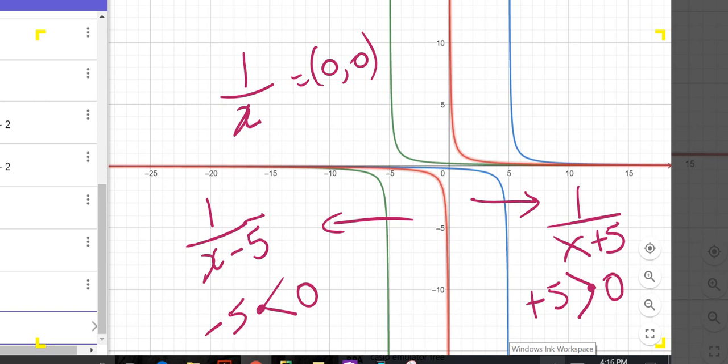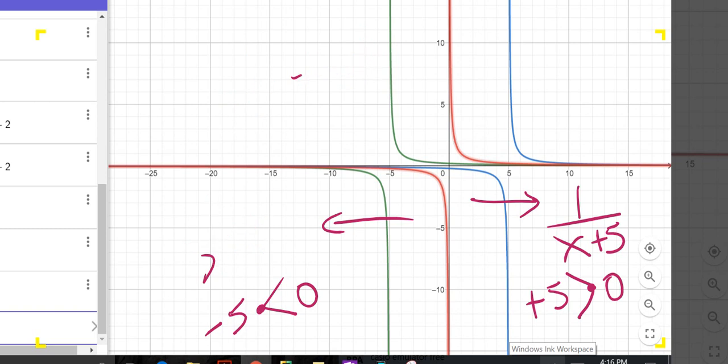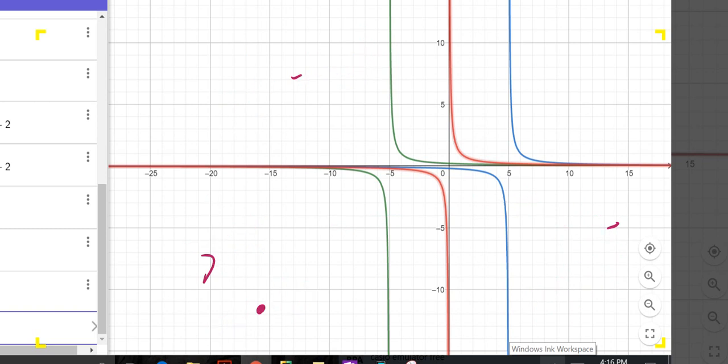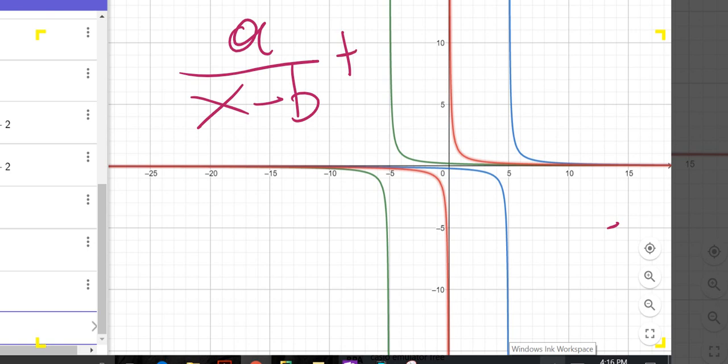I'm repeating. We have the general formula. The general formula is A over x minus b plus k. This gives me my vertical asymptote.